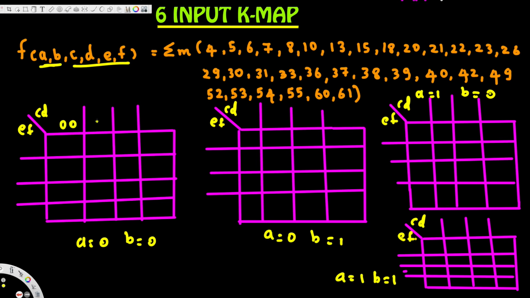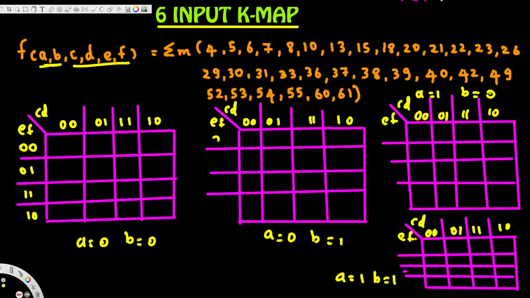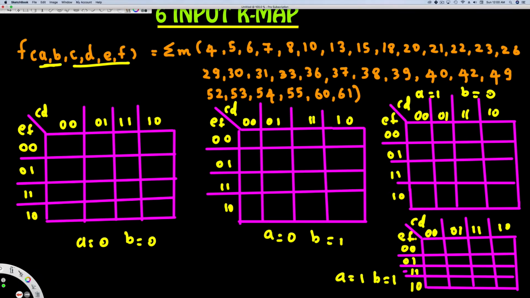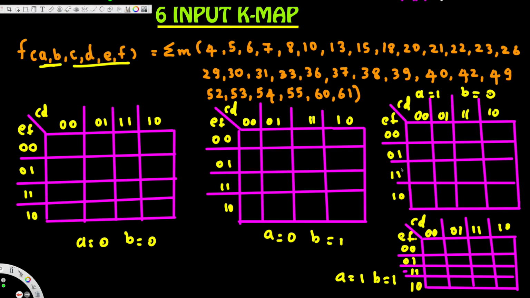This is 0, 0, 0, 1, 1, 1, 1, 0, and the same for each of the tables, on top and on the side. Okay, now we have done this part.